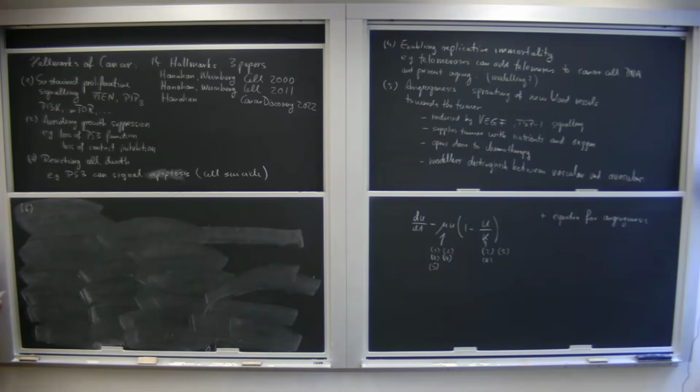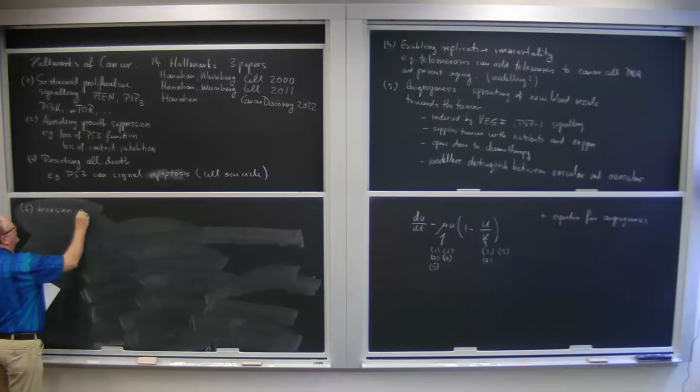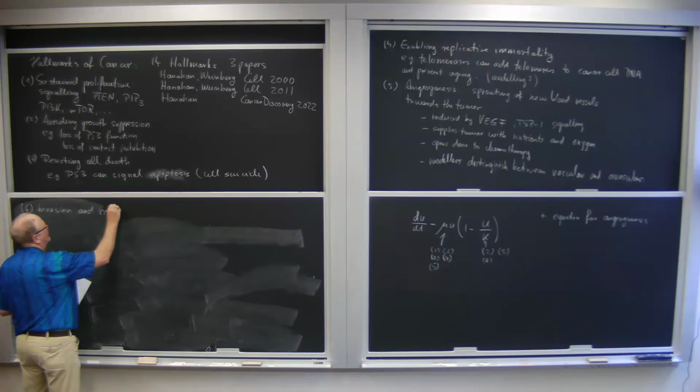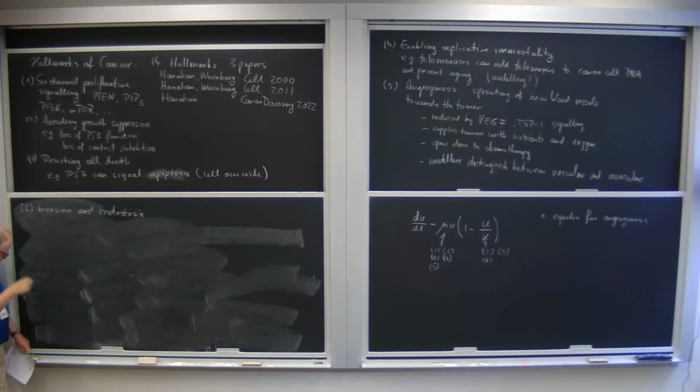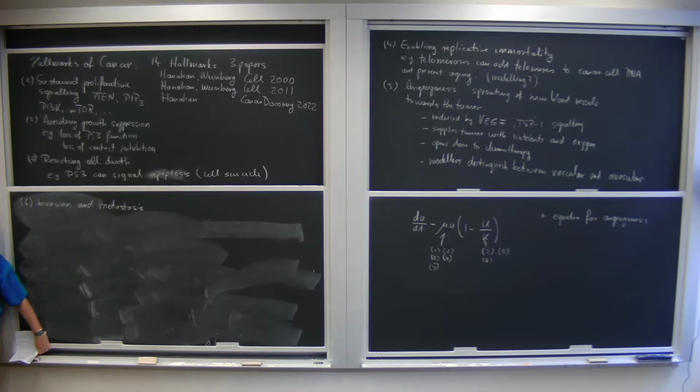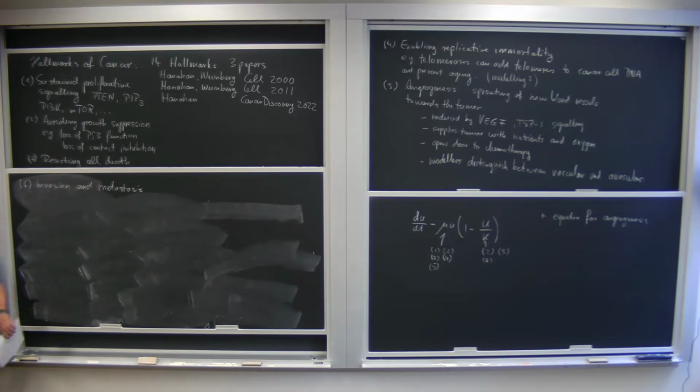So what do we have at number 6? Oh, invasion and metastasis. Right, so now we look at the global picture, where they spread, how the tumor spreads locally and also system-wide. And in this context, I'd like to just recall the metastatic cascade.